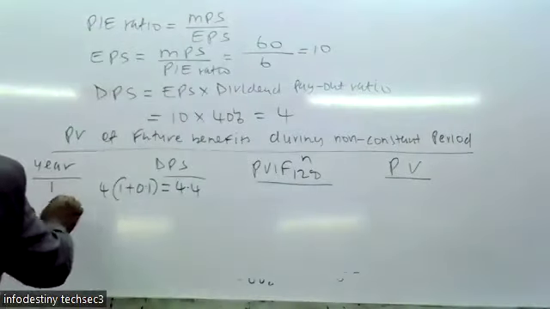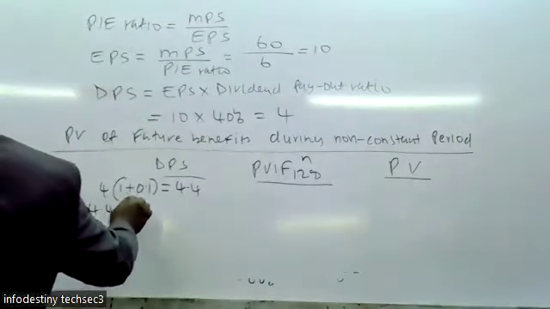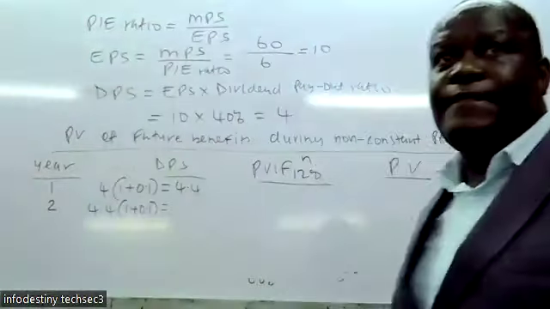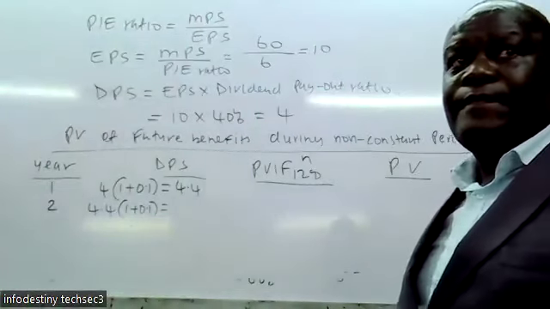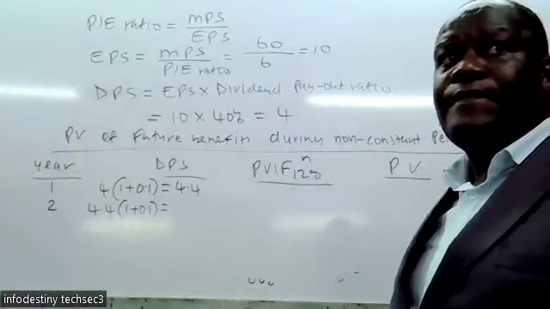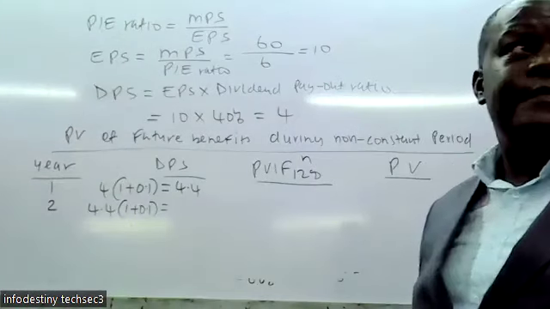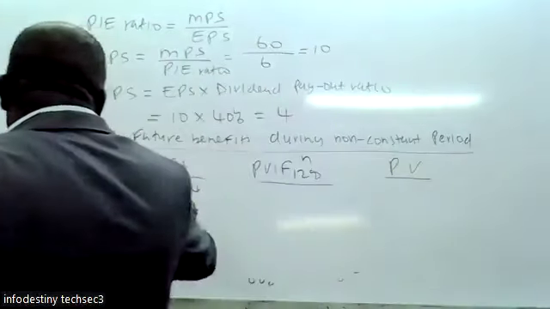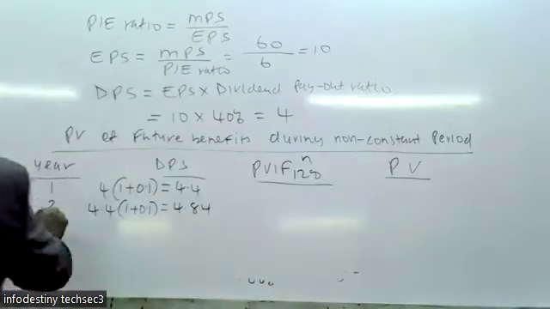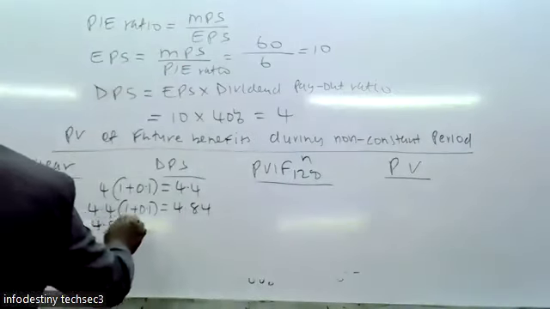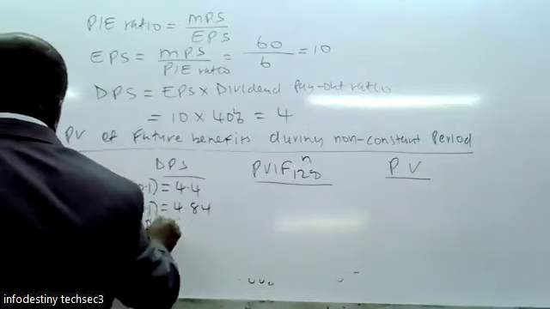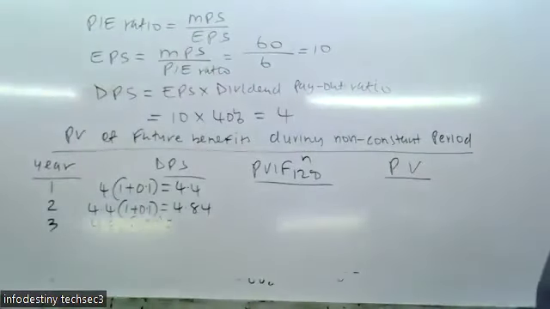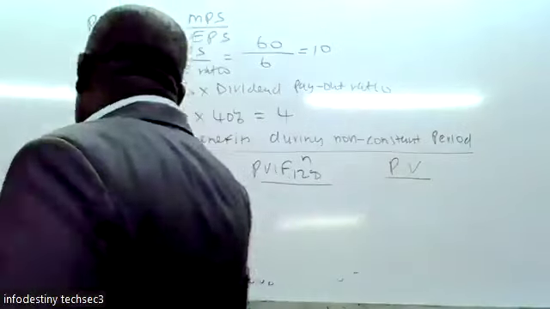Then year 2, take 4.4, which gives 4.84. And year 3 is 5.324.